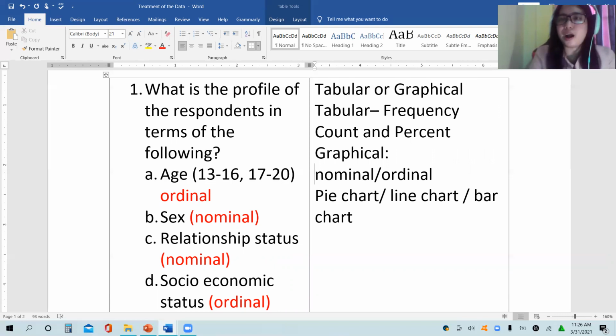So after identifying the possible way on how to present it, let us also review if we can also present this using measures of central tendency. Because remember, when we were discussing the measures of central tendency, we also made mention that there is an appropriate measure of central tendency that can describe your data.